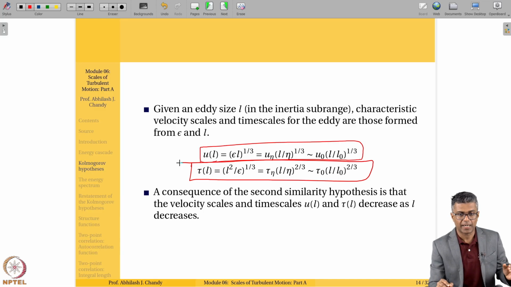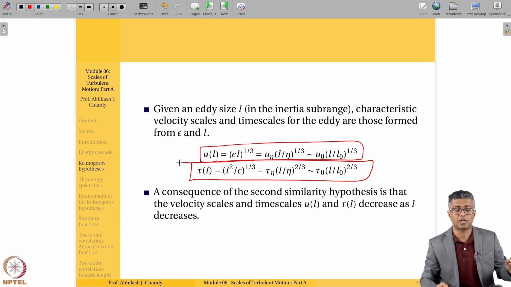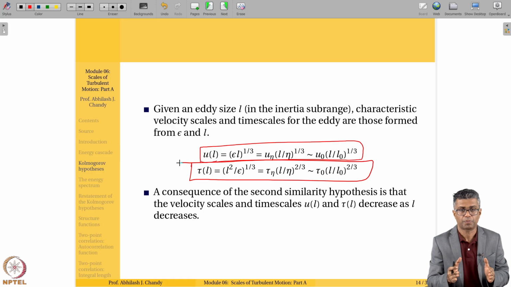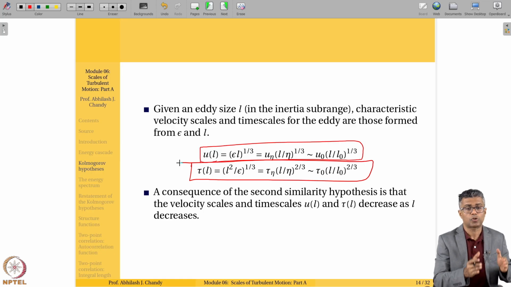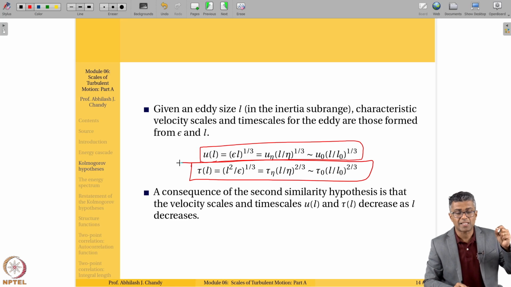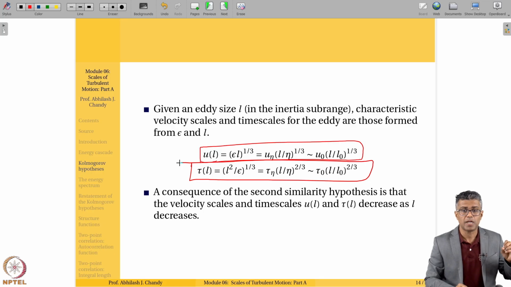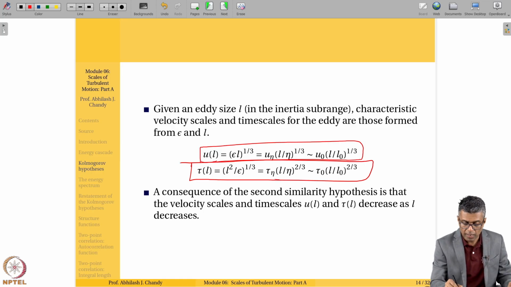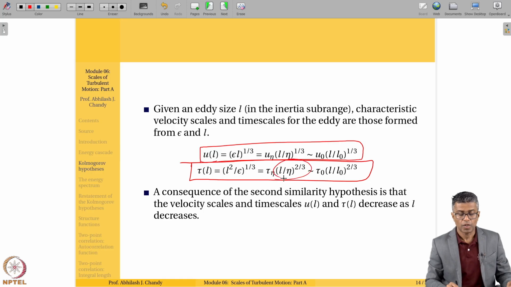So what I have done here is I have now shown the velocity scale and the time scale associated with your inertial subrange. As a consequence of this second similarity hypothesis, which is Kolmogorov's third hypothesis, we now know that the velocity scales and the time scales decrease as L decreases. Because look at this value.